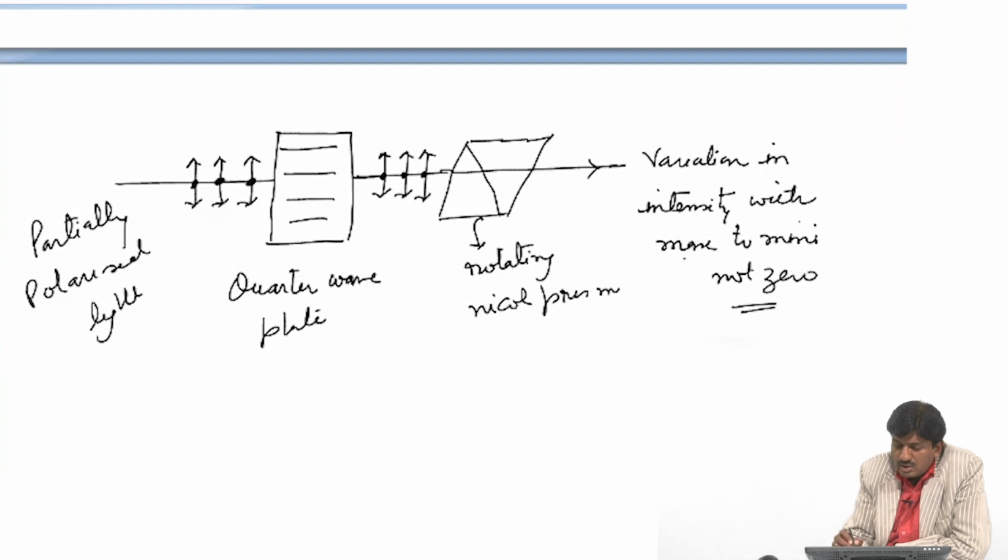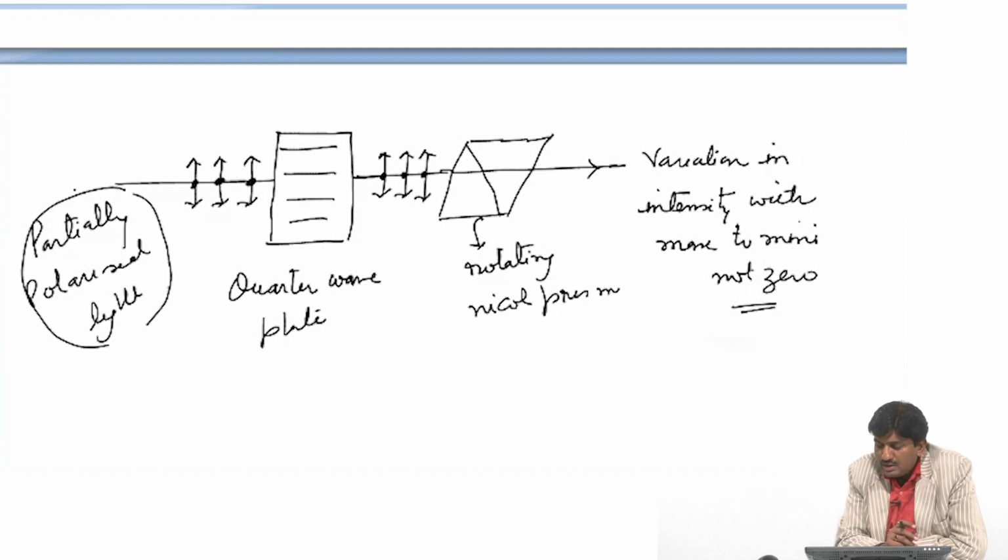Then the incident light is partially polarized light. So, this is the difference between circularly and partially polarized light. So, these are the methods by which we can detect plane, circular and elliptically polarized light.